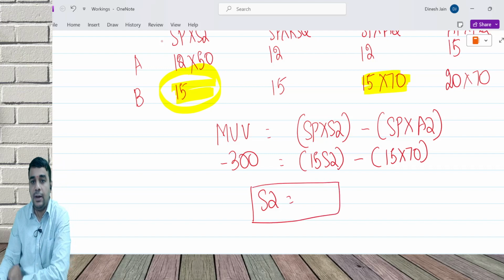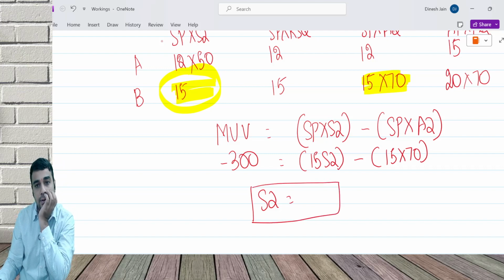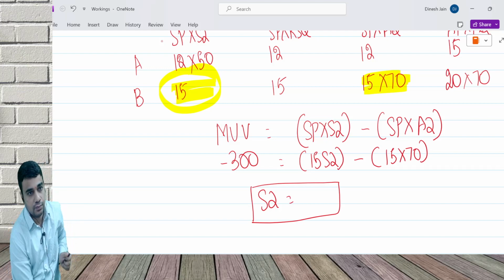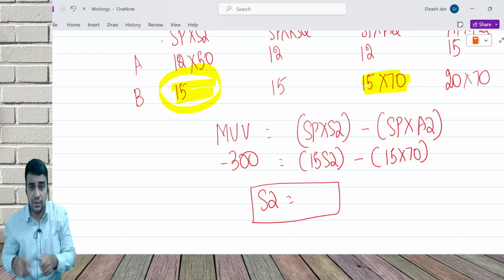We are doing only for material B, not for A and B together here. How much is SQ? 50. Clear?